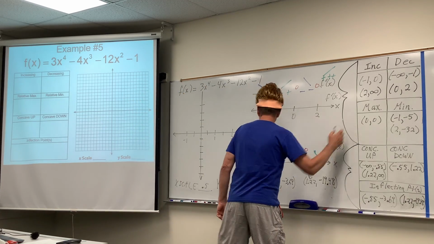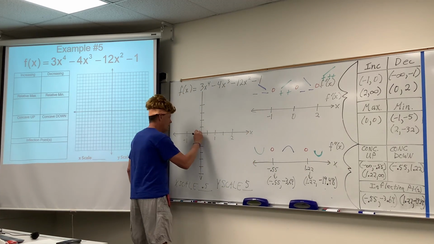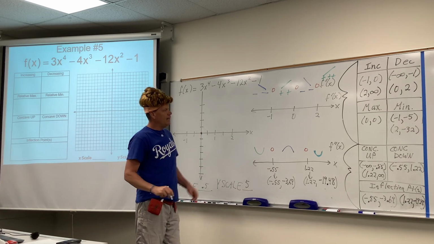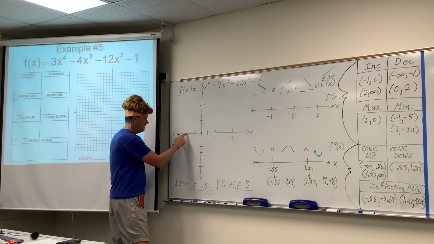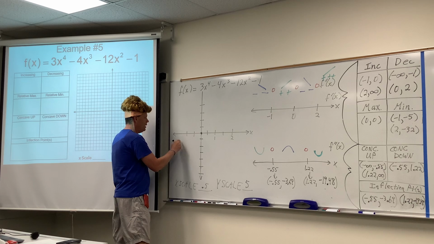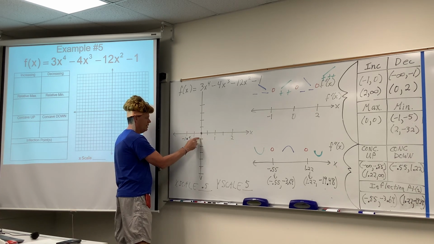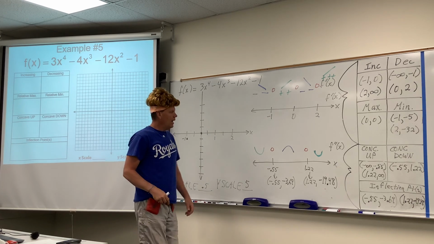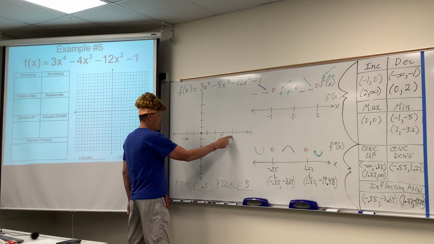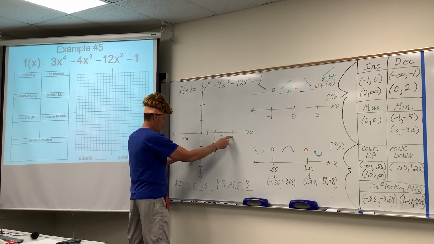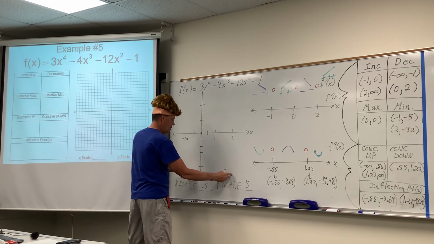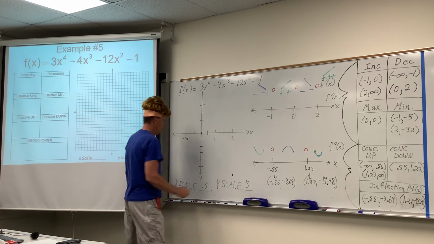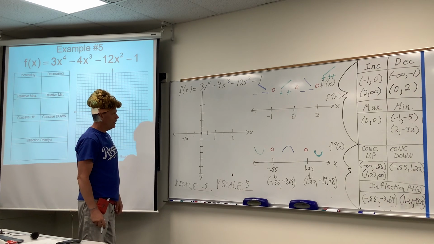We've got 0, 0. That's easy. We've got -1, -5. Remember, I chose to scale the y-axis by 5s. 2, -32, somewhere down in here roughly.